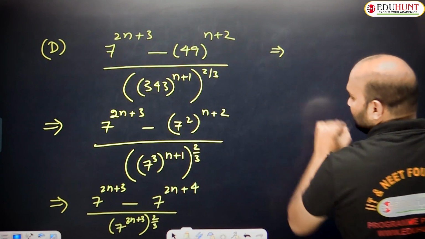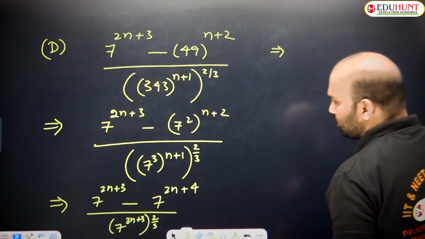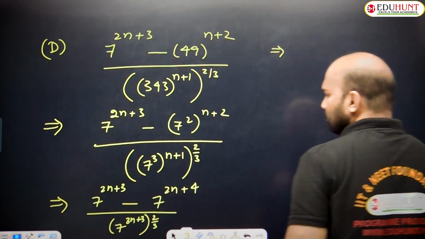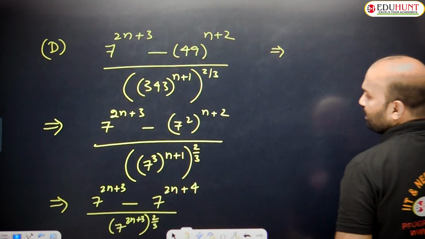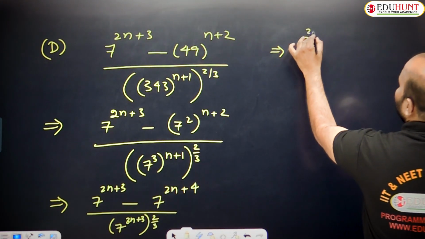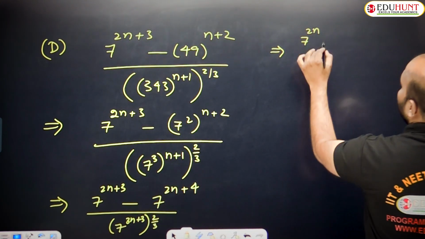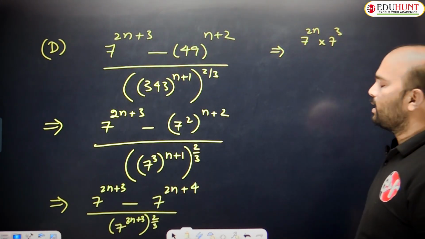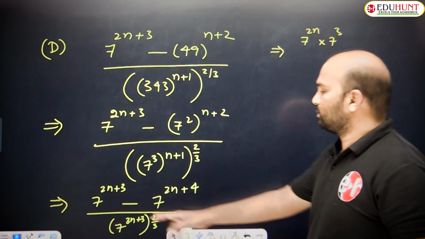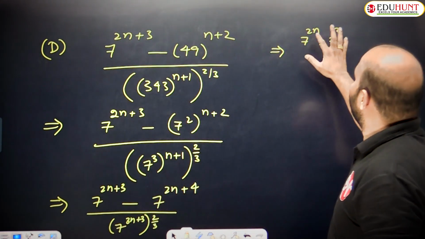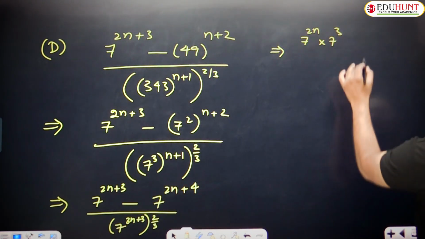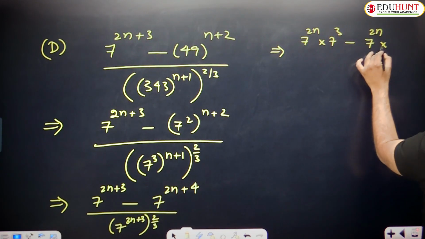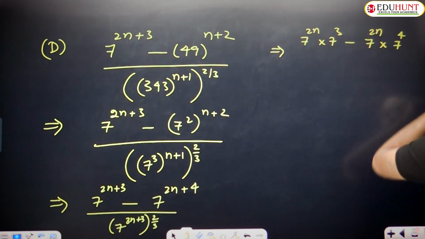So 7 power 2n plus 3, and here 7 power 2n plus 4. 7 power 2n plus 3 can be written as 7 power 2n into 7 cube, according to a power m into a power n equals a power m plus n. The right side term can also be written as 7 power 2n into 7 power 4.